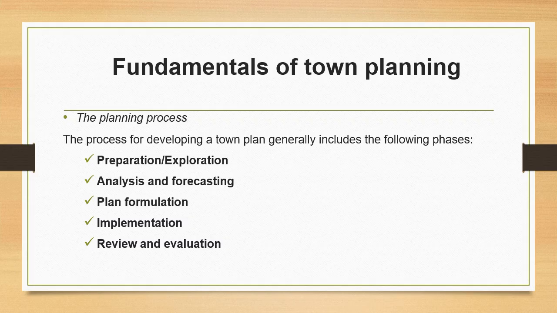Fourth one is implementation, that is putting the selected plans into action, which involves legal and administrative steps like land acquisition and enforcing zoning regulations. And the fifth one is review and evaluation, that is monitoring the plan's progress and evaluating its success against the initial objectives.